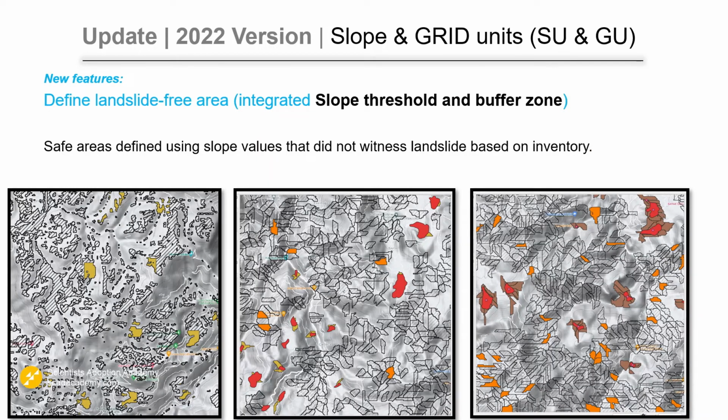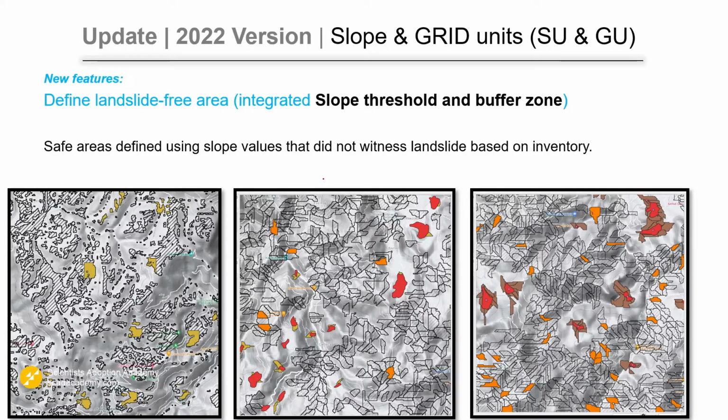And this is a sample of the results. You'll see here those shaded areas represented by the safe landslide slope threshold. These yellow objects represent the training or the zero data inside these areas.